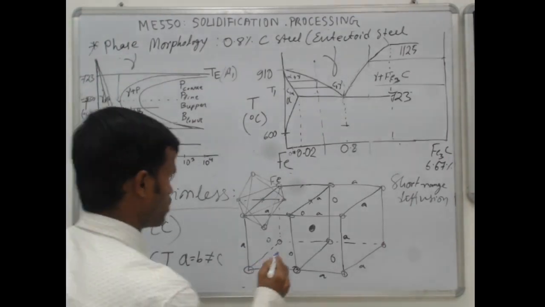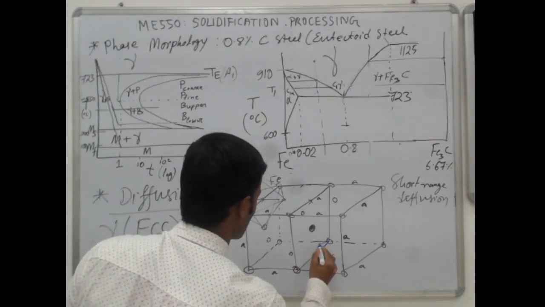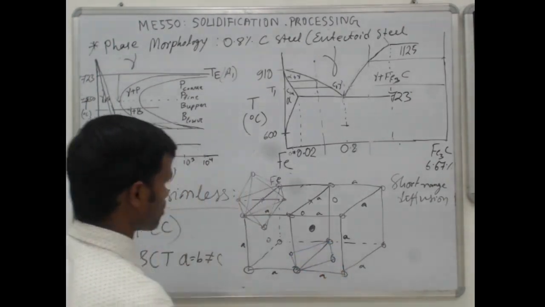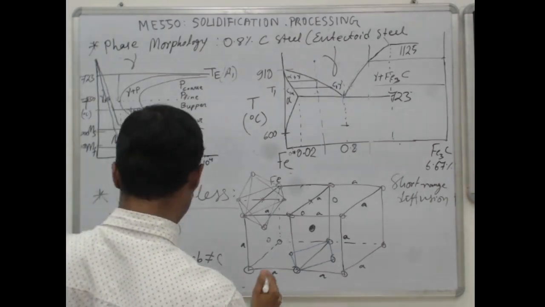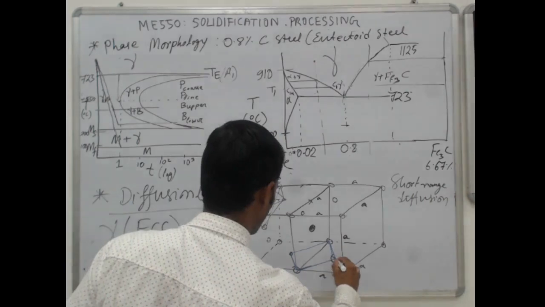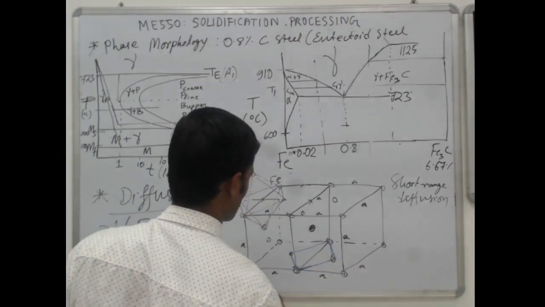Now suppose you consider a unit cell like this, using another color. The drawing may not look very perfect, but these sides will be parallel.